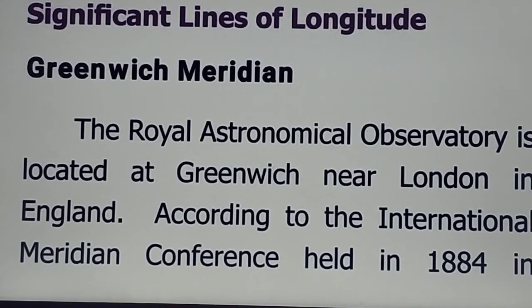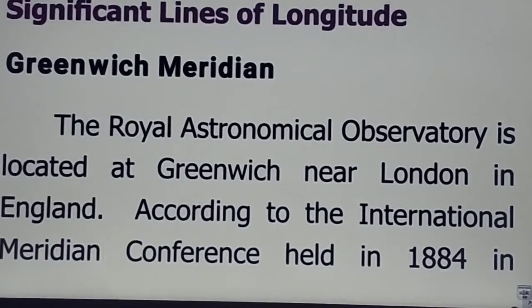Significant line of longitude: Greenwich Meridian. The Royal Astronomical Observatory is located at Greenwich near London in England.